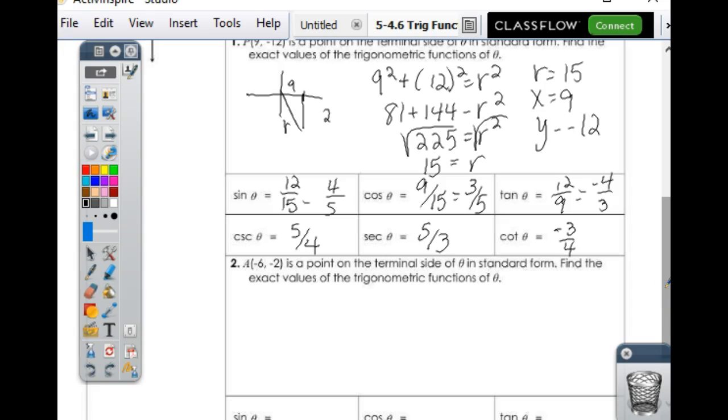The x is negative, so this is negative 6, and the y is negative, so this is negative 2, so there's my triangle. Pythagorean theorem, do this.